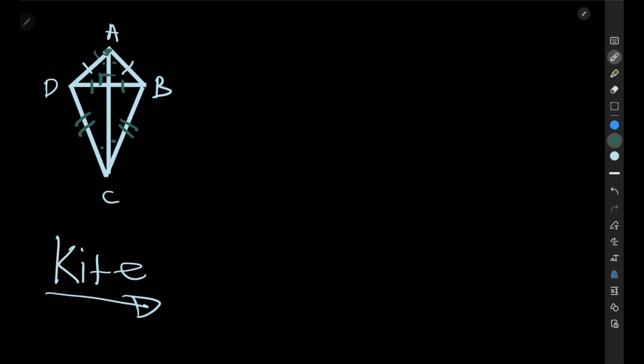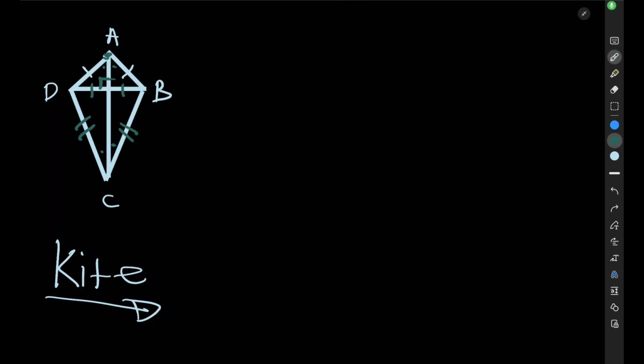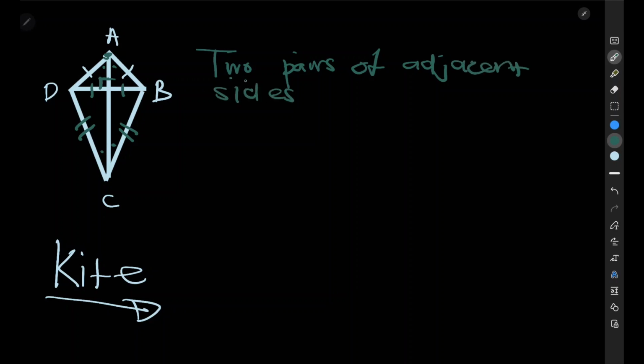So let me just quickly remove that little drawing there. So just to label all of them, we said we have two pairs of adjacent sides that are equal.